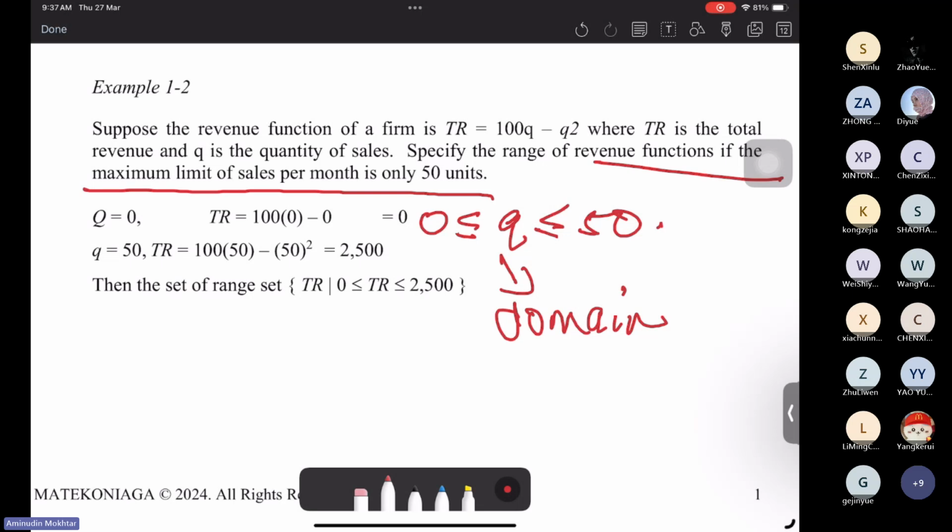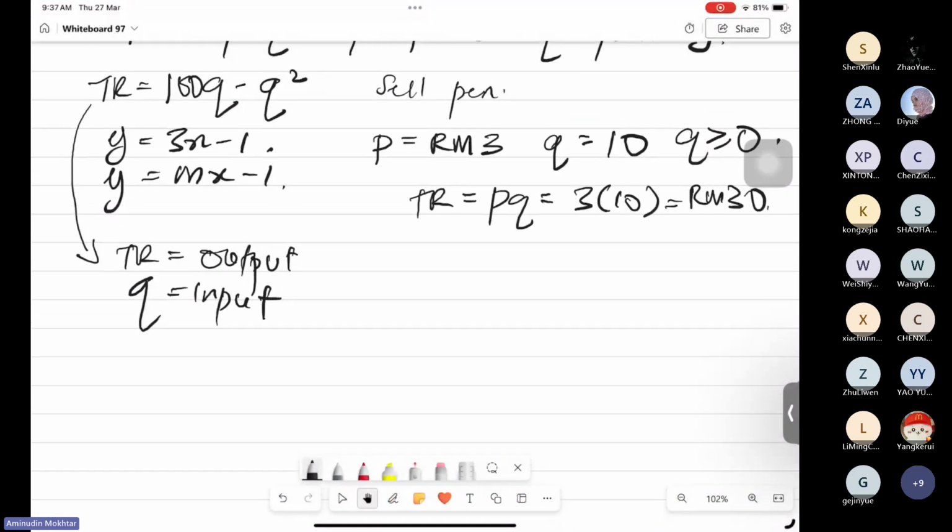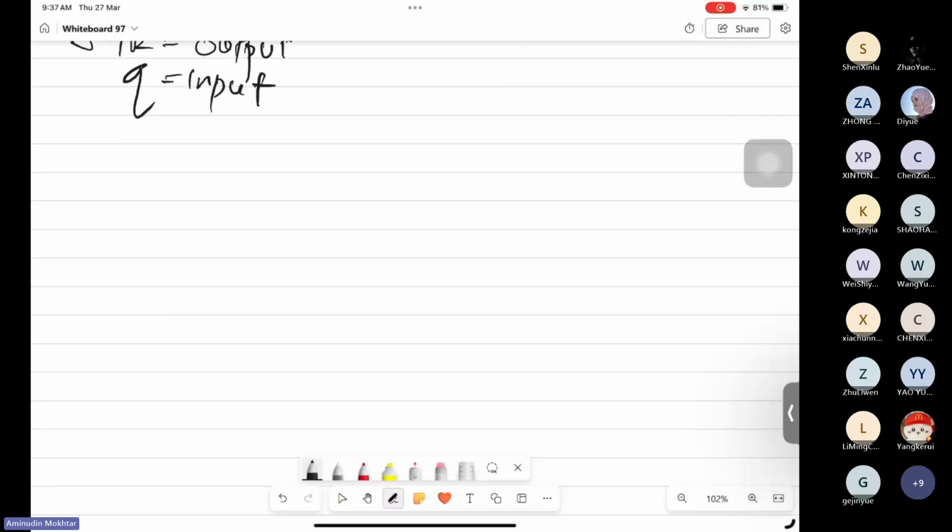Okay, how to calculate? Now I will show you how to calculate the range of this by using this concept, this domain. Okay, let's go back to my whiteboard. Now we have again TR. I write again here. TR is equal to 100 Q minus Q squared.